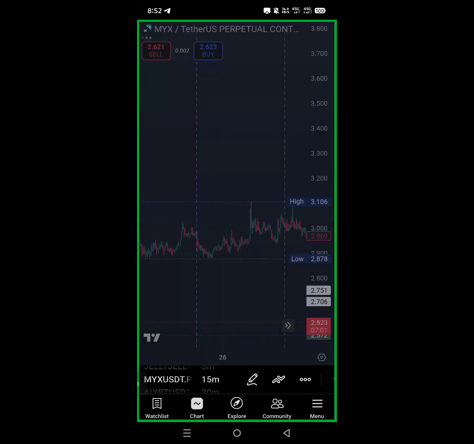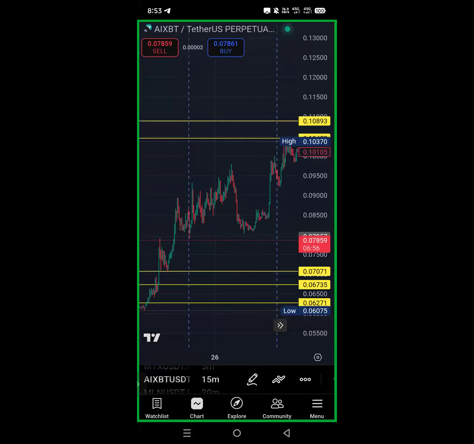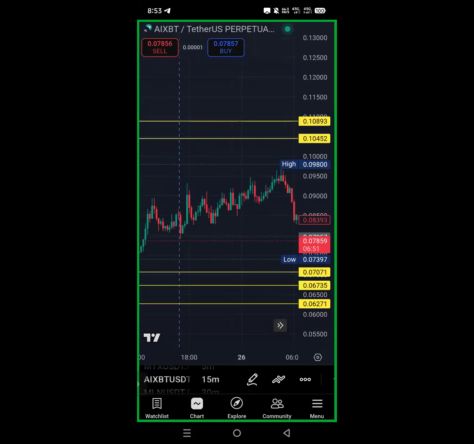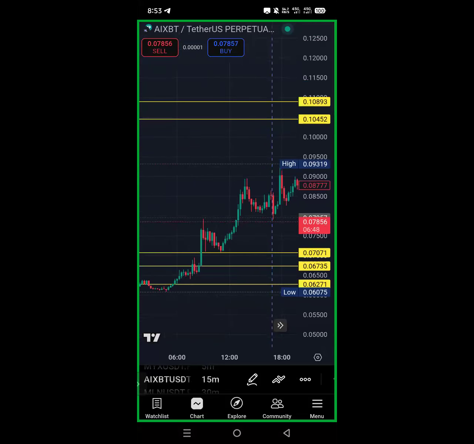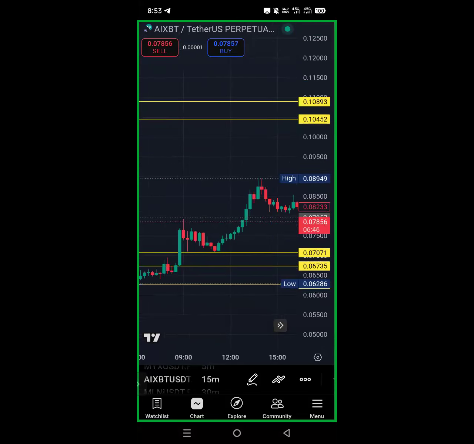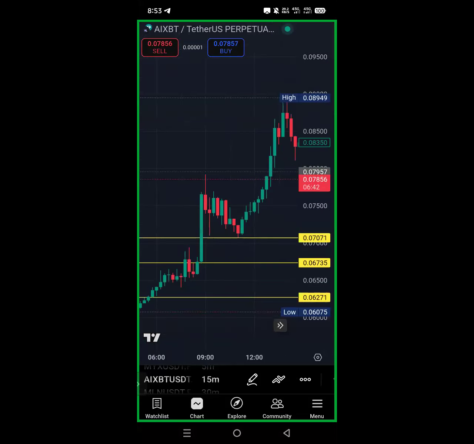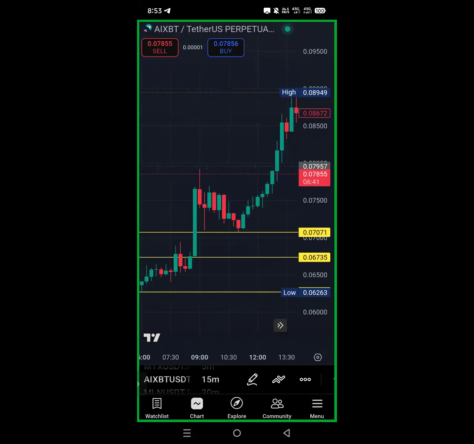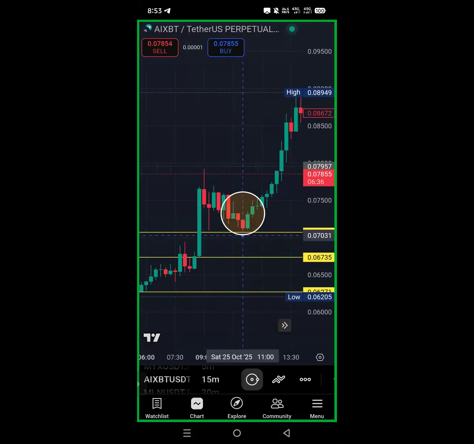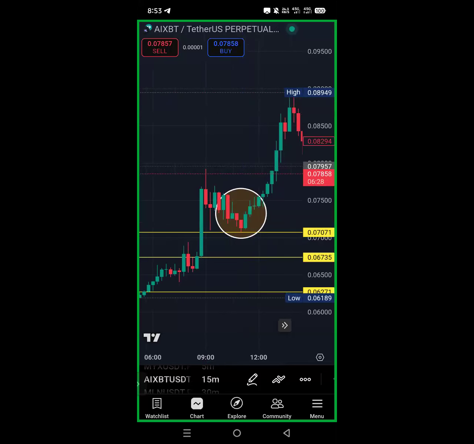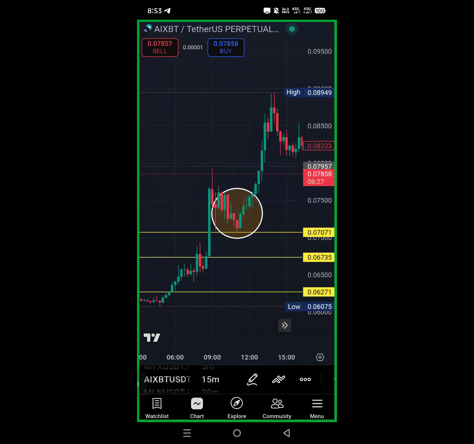I want a bullish engulfing. I think we have one here. This is one. Do we see what happened also? This is one bullish engulfing formed in the course of this movement.